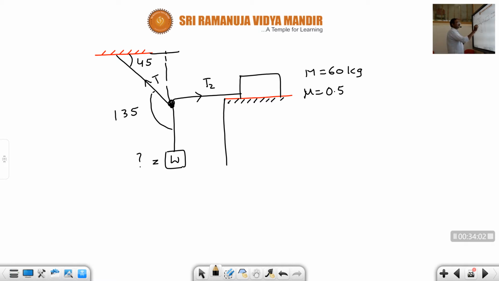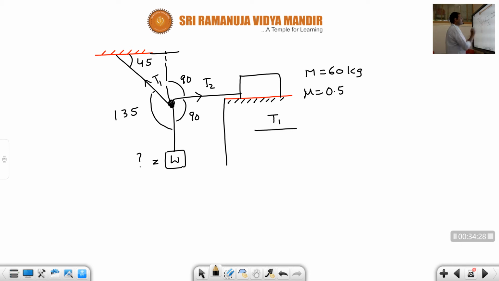It is 135 and again it is going to be 90 and here it is going to be 90. Now in this situation, what is the value of the tension T1? What is the value of the weight I am asking? By the resolution of T1 also you can solve the question, but using Lami's theorem you can solve this question.